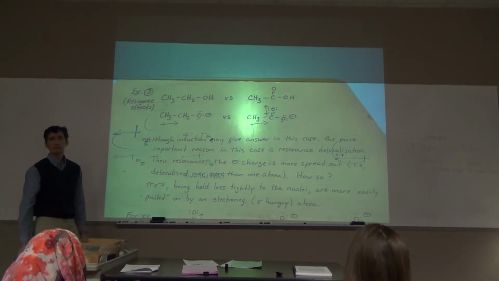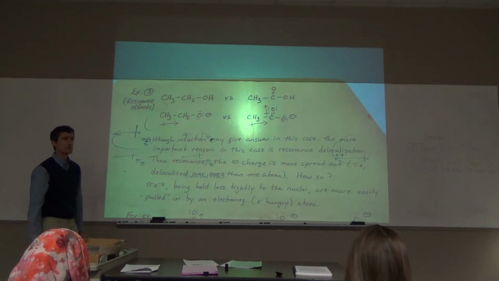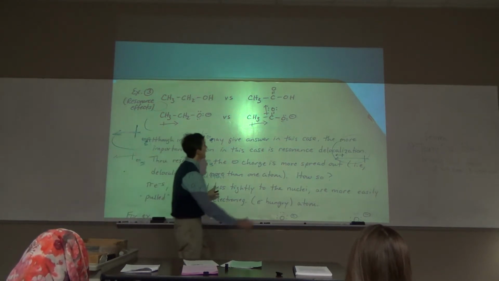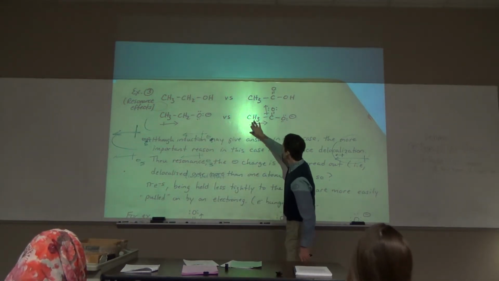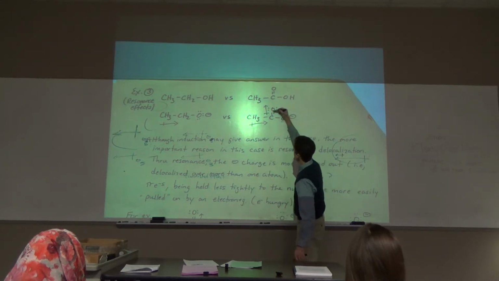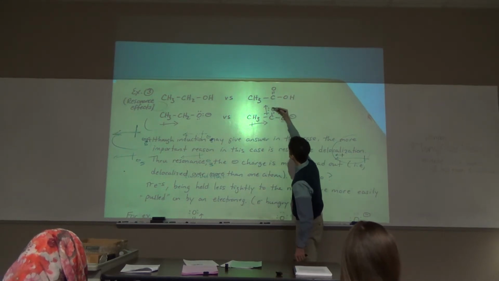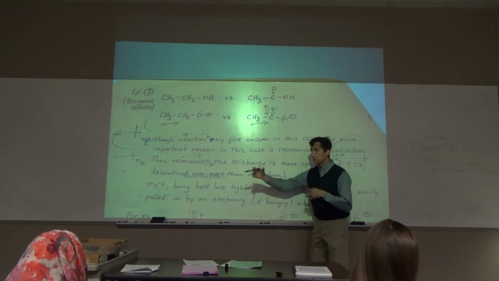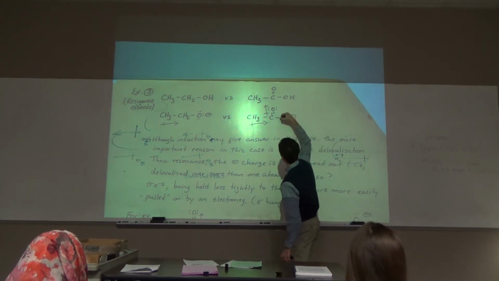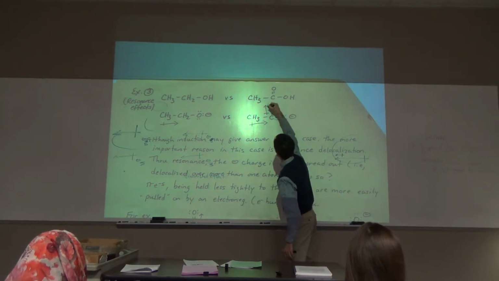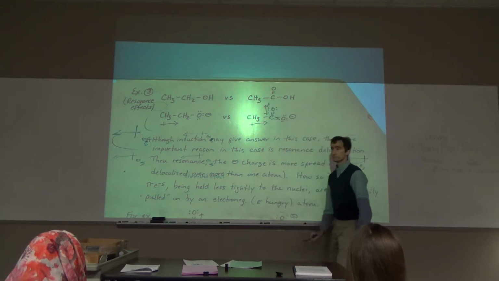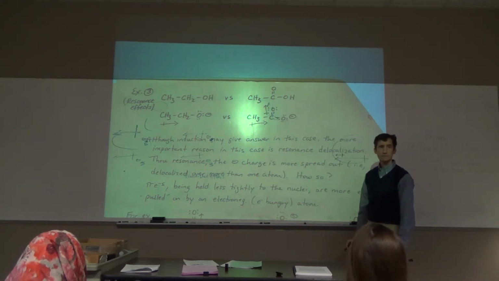That could be explained, but it's not ready to be explained. You got that donation, but what else do you have? You got this oxygen, and it pulls. Now it's not pulling directly away from here, but it's sort of pulling kind of away. Everybody agree with that?